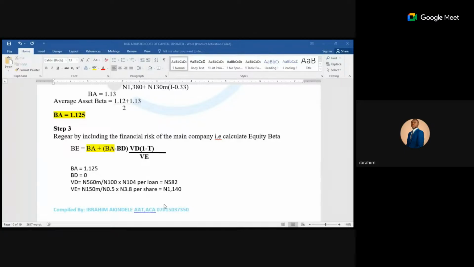From this project specific cost of capital, we will move to investment appraisal, because that is another function of a financial manager. When you source for finance, then you discount it. You have already identified the project, and you discount the project with the appropriate cost of capital. So we'll move to investment appraisal, then to bond valuation.